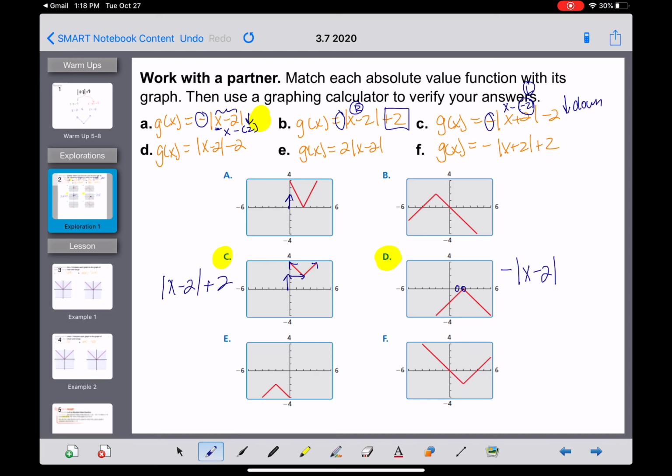So 2 units to the left, 2 units down, and I have a reflection due to the negative. So this is E, the negative absolute value of x plus 2 minus 2. See if you can match up the remaining equations, D, E, and F with A, B, and F.